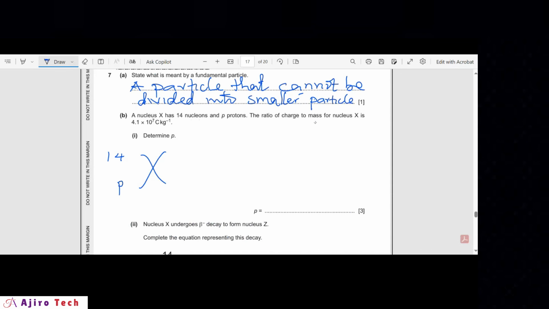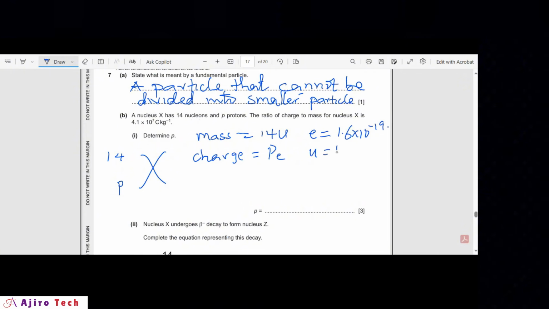The ratio of the charge to mass: here the mass is 14 U. Don't forget that the charge is P times E, where E is the elementary charge, 1.619 times 10 to the minus 19.